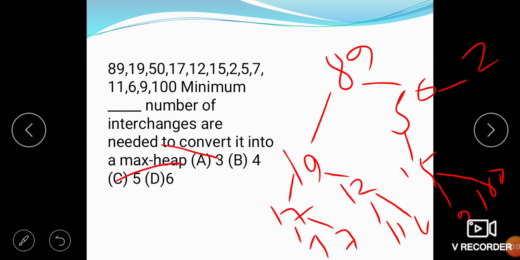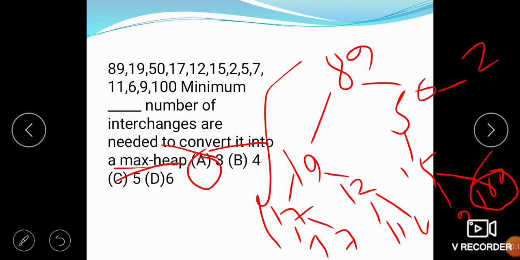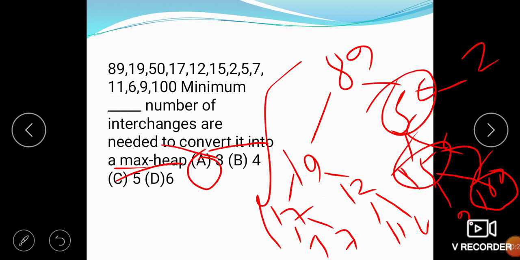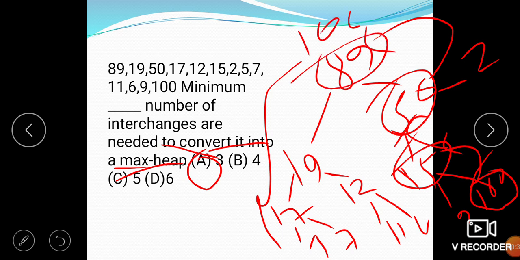So you can find that the answer is 3. Convert it into the max heap. This is the final tree. When you convert it, you can see that here it is 50 and here 15, so you have to convert first here, then here, then here. 100 is here.